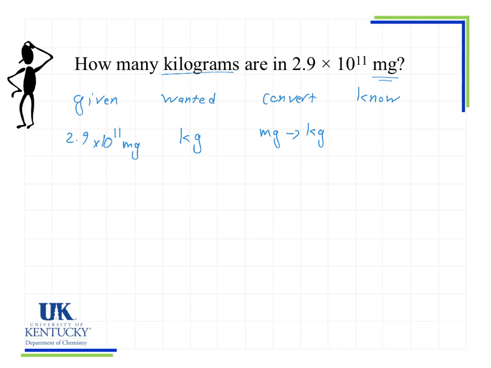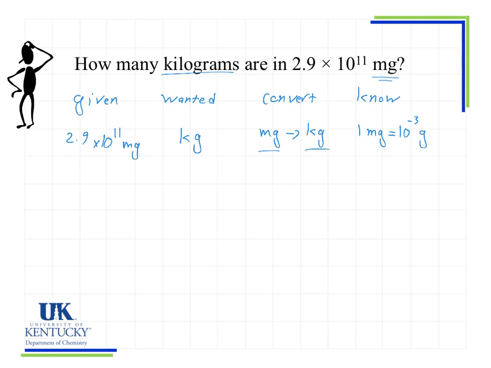Do we have a direct conversion from milligram to kilogram? No. But if you don't have a direct conversion, you can just check one of these two units and go back to your chart of list of the conversions and see if you can find anything that has one of these units in it, okay? So we know that 1 milligram is 10 to negative 3 gram.